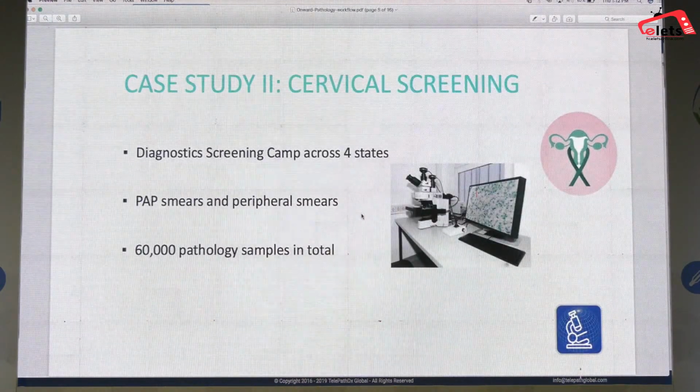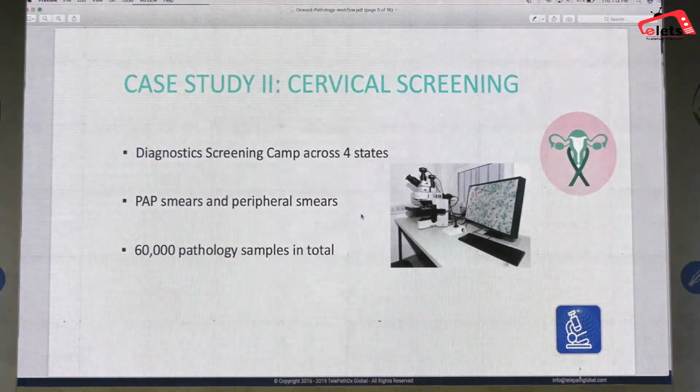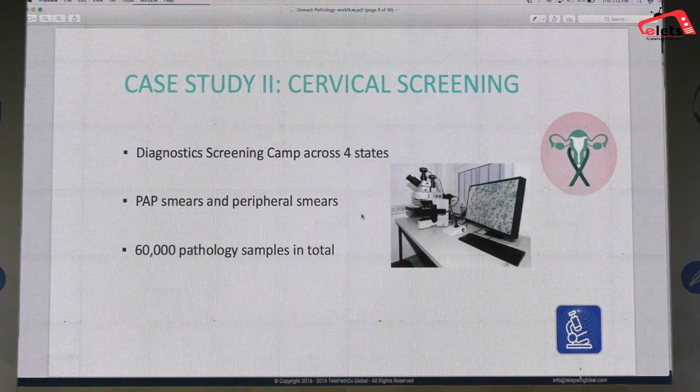The second piece is where we've enabled this for a cervical cancer screening campaign. It's a large screening network that's been set up across 4 states, and they expect to do about 60,000 pathology samples over the next 6 to 9 months. We've enabled this for their individual labs where the samples are coming in, and we've done the training for the technicians and the senior pathologists.